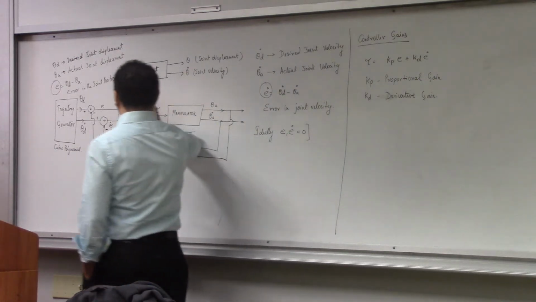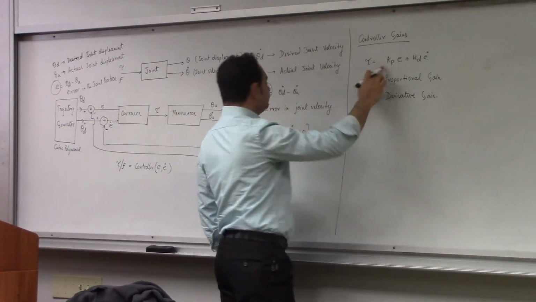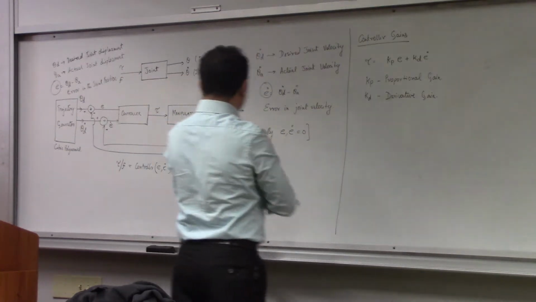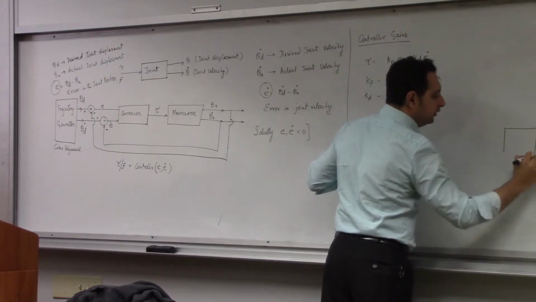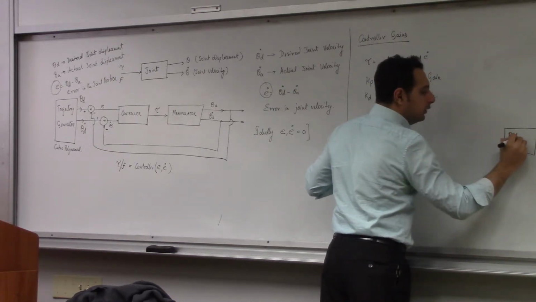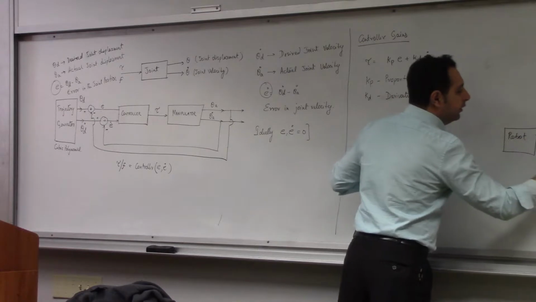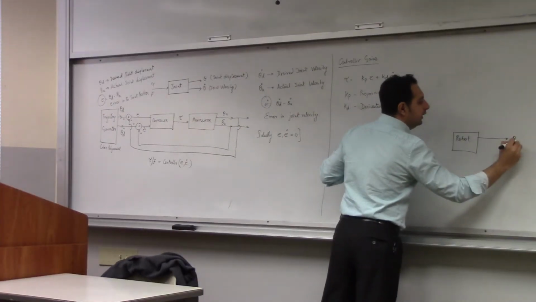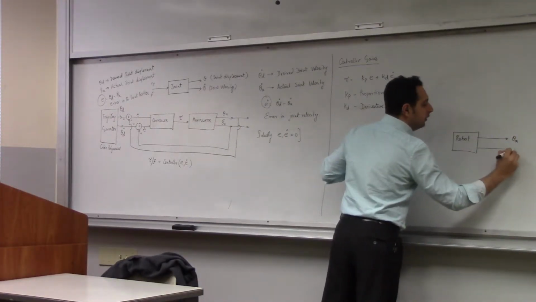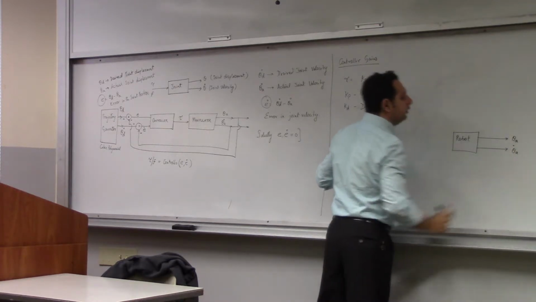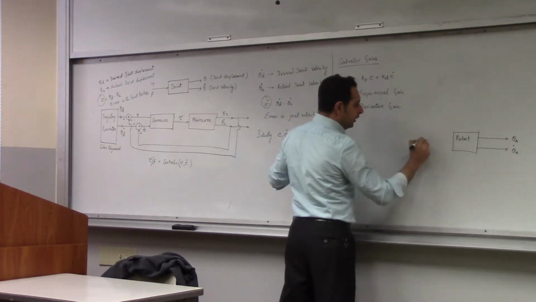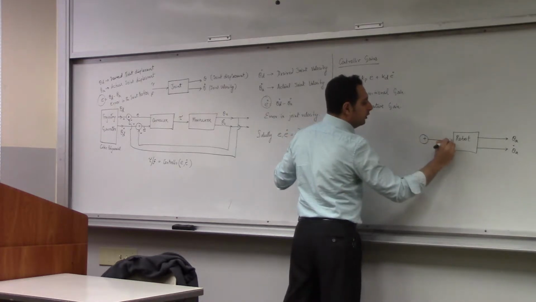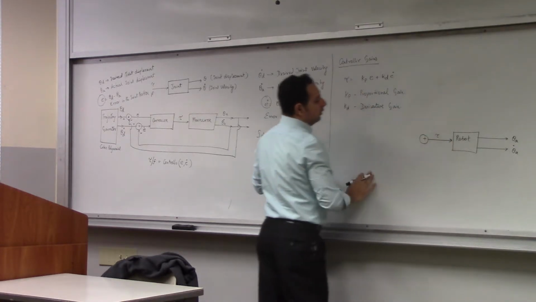So if I have to draw the controller to include these two, we'll write it like this. We'll have the manipulator here, or let's call this the robot. Here you have theta A dot, and we want to give it a summation. This is the torque, all right?